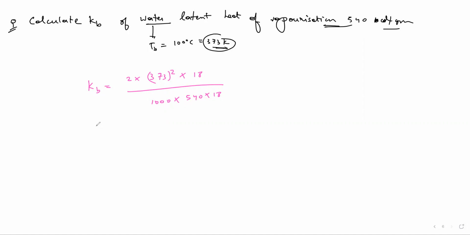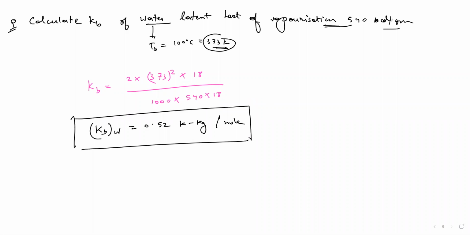Now look, after that, Kb value of water, that stuff also you have to remember, which is in Kelvin kg per mole. Now in the water case, all the stuff you have to remember. Latent heat of fusion, 80 calorie per gram.